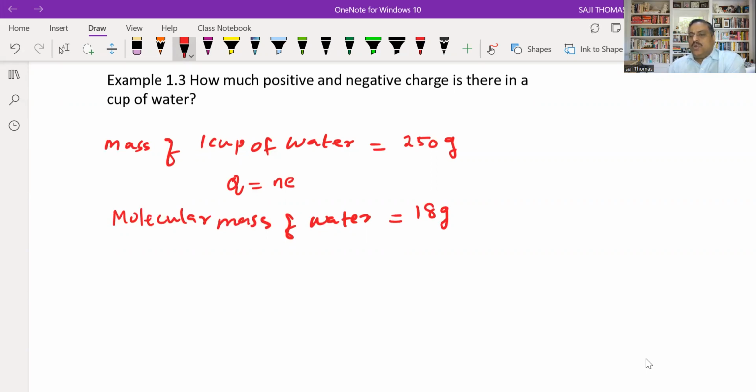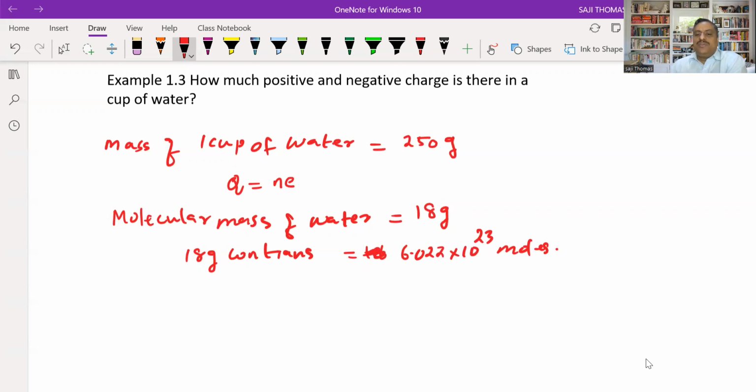And how many molecules does 18 grams contain? You know the Avogadro number, 6.022 into 10 raised to 23 molecules. 18 grams contains 6.022 into 10 raised to 23 molecules.